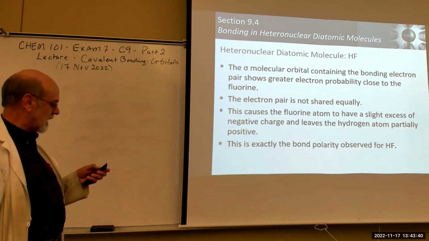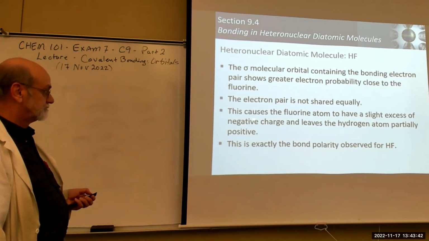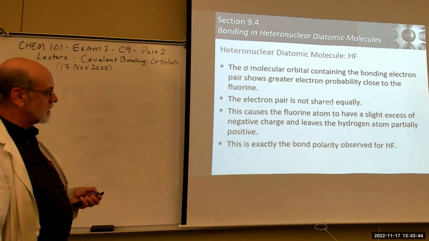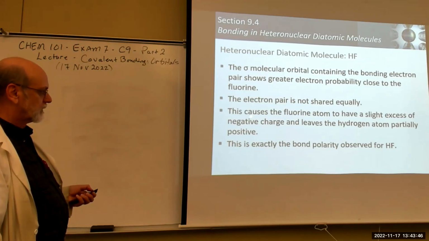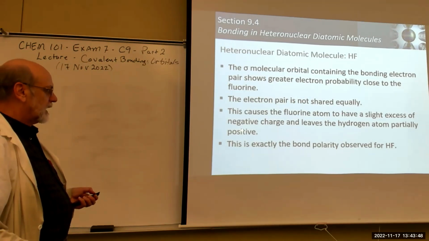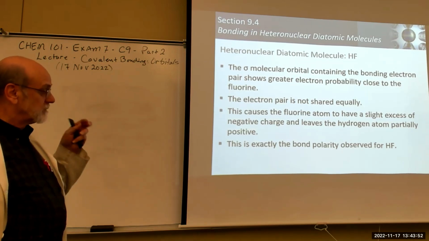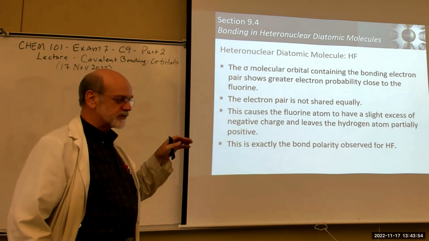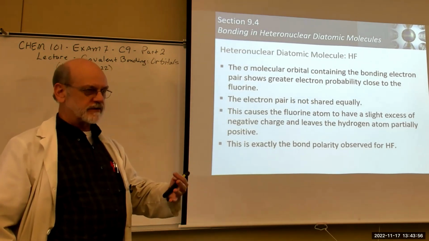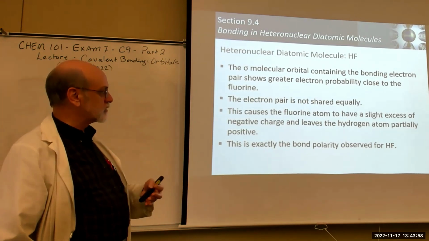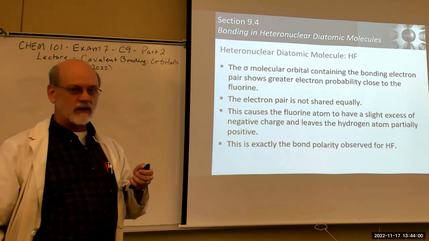And this just states the obvious. The electron pair that's shared is not shared equally. And actually the values that are associated with these wave functions can be calculated to predict just that outcome.